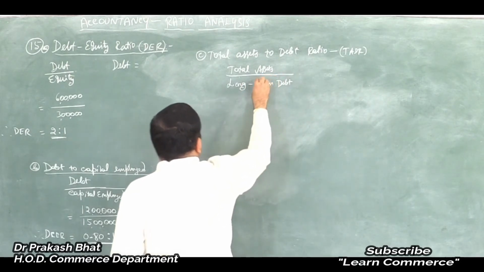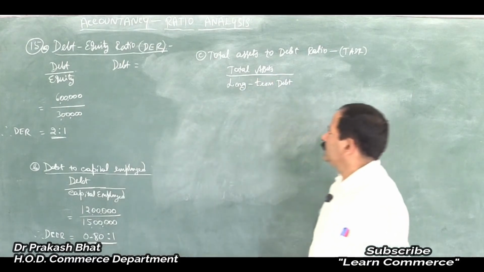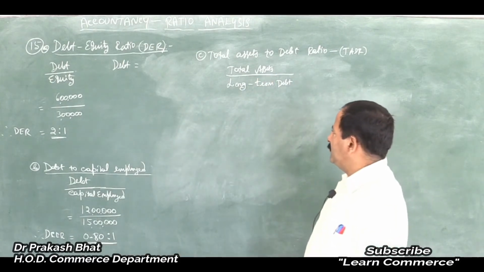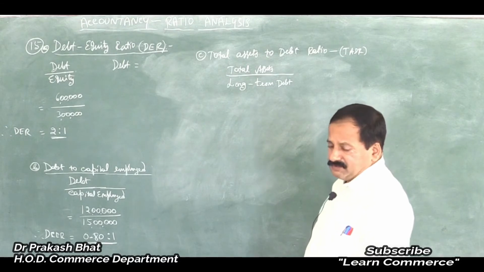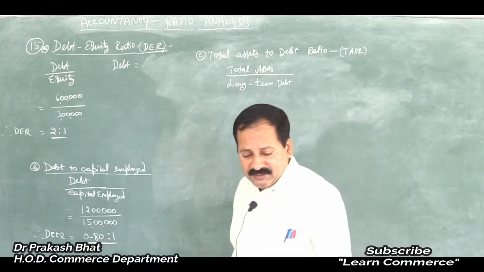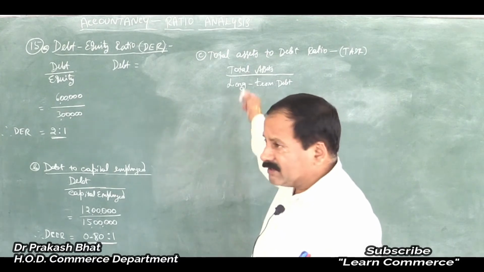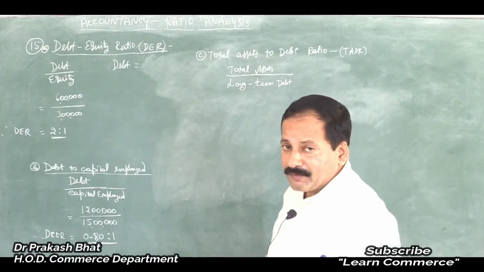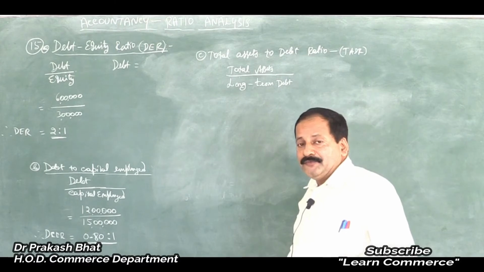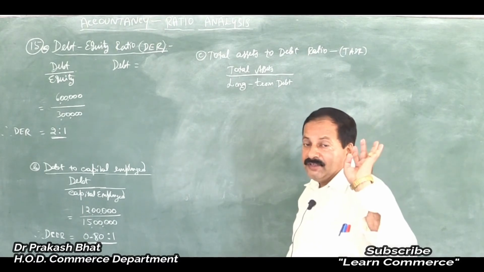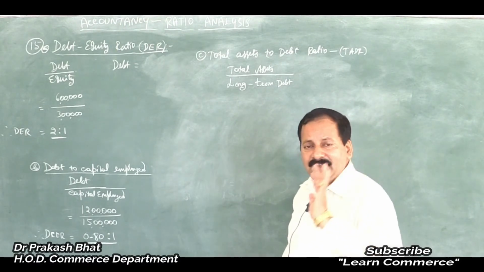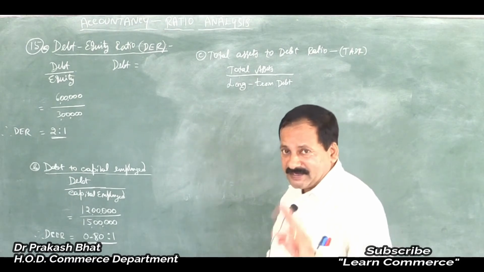Total assets are given in the problem and long term debt is also given. It is not given directly, but you can derive it. Already you have calculated the total amount of long term debt and short term debt, that is non-current liabilities and current liabilities. Am I correct? 6 lakh each.